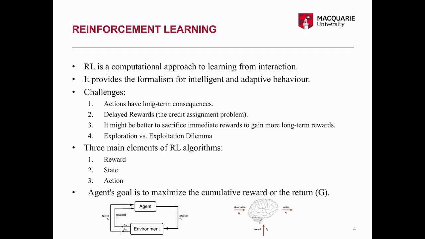I guess epsilon greedy will be the focus of today's lecture too, and also practical, but clearly that's not the only available option. In reinforcement learning, we have three very important concepts: rewards, states, and actions.